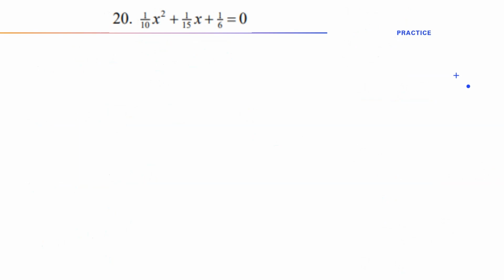All right, number 20. The last question for today. So we don't like to work with the fractions. We have to find what is the number.